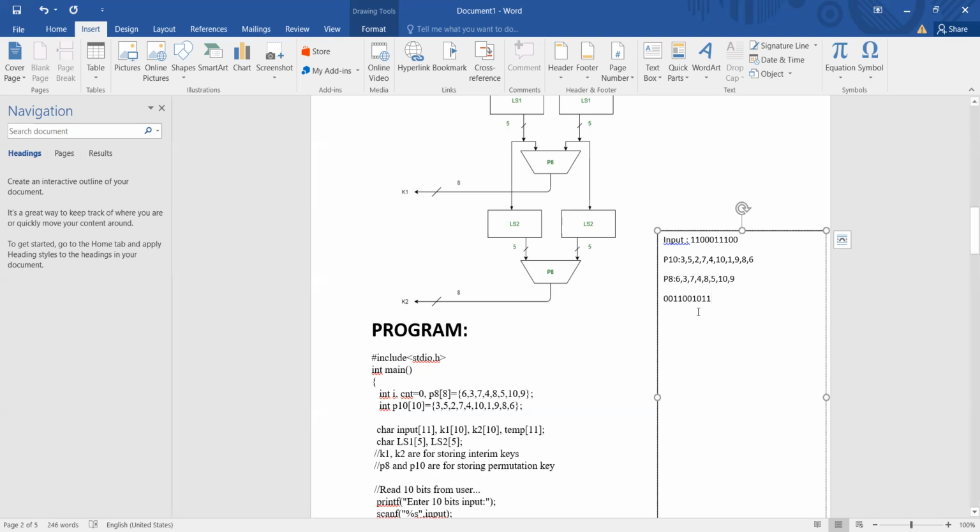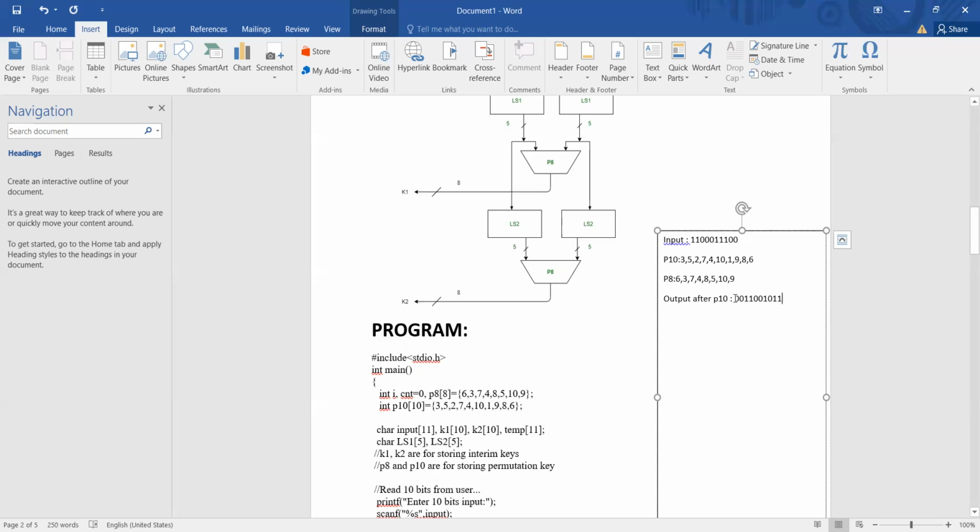This is the output after rearrangement of the numbers according to P10, that is 0011001011.